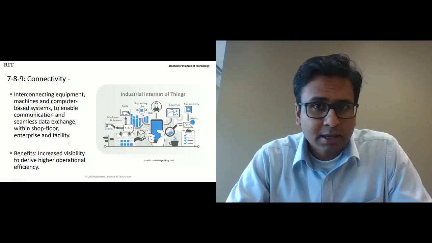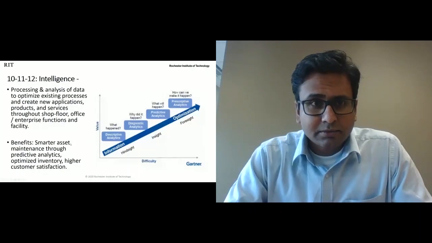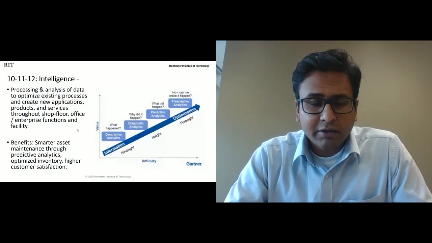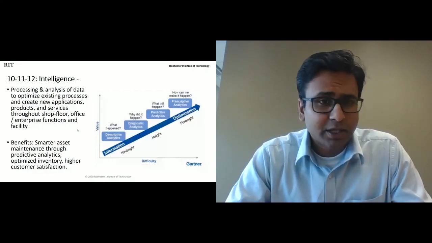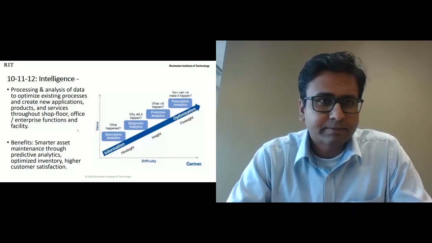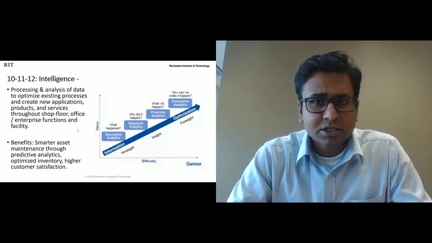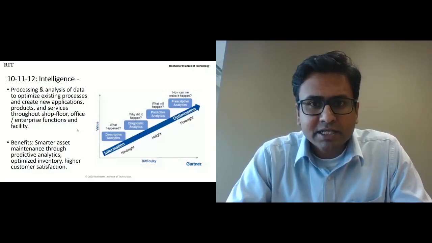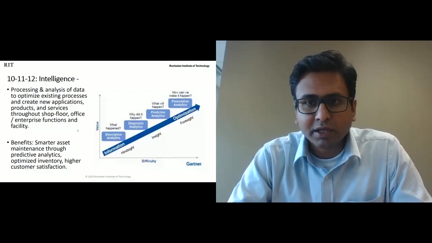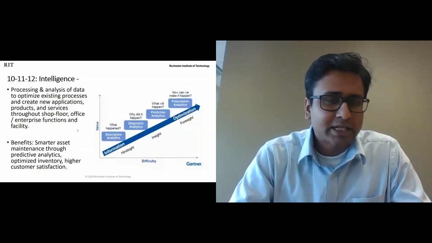So I would argue that connectivity is really a means to an end. If you collect a bunch of information and do nothing with it, it's not of much use. But having artificial intelligence or processing and analysis of data to optimize existing processes is the real value of Industry 4.0, in my opinion. So we are at a point where we can probably look back and see what happened.